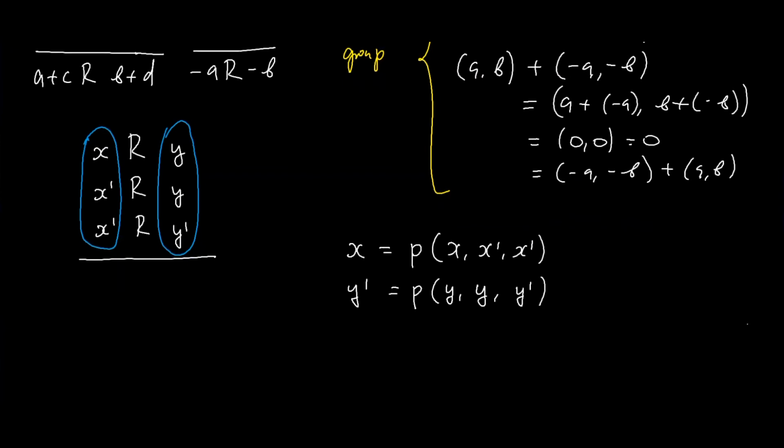Can you think of some algebraic expression of three variables? Abstractly, let's think of these variables as u, v, w. What can we do with u, v, w so that when we apply it to x, x prime, x prime, we get x, but when we apply it to y, y, y prime, we get y prime?